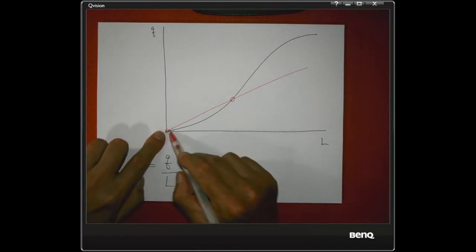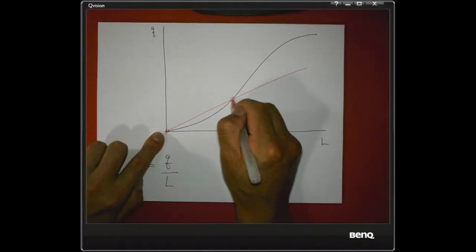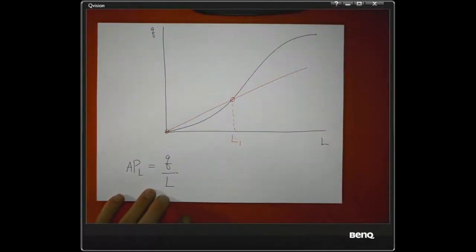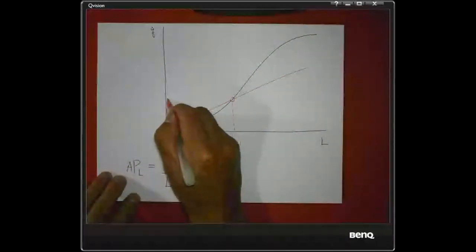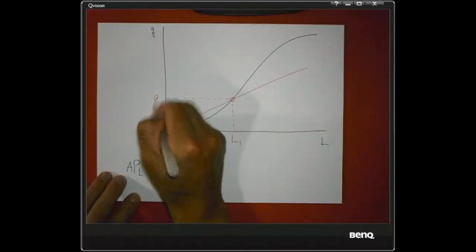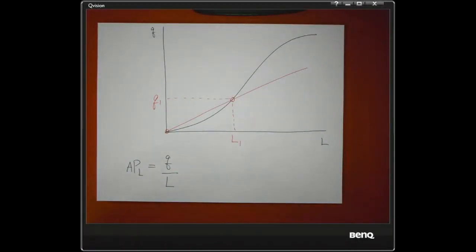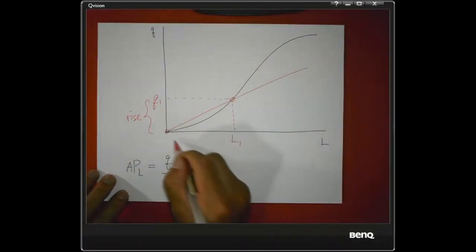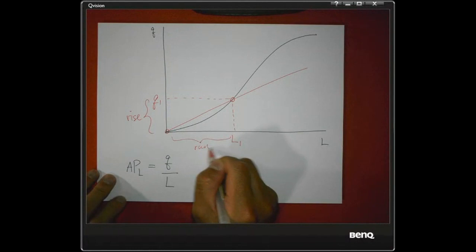And from this straight line from the origin, if you look at this level of labor inputs and this level of output, this is the rise and this is the run.